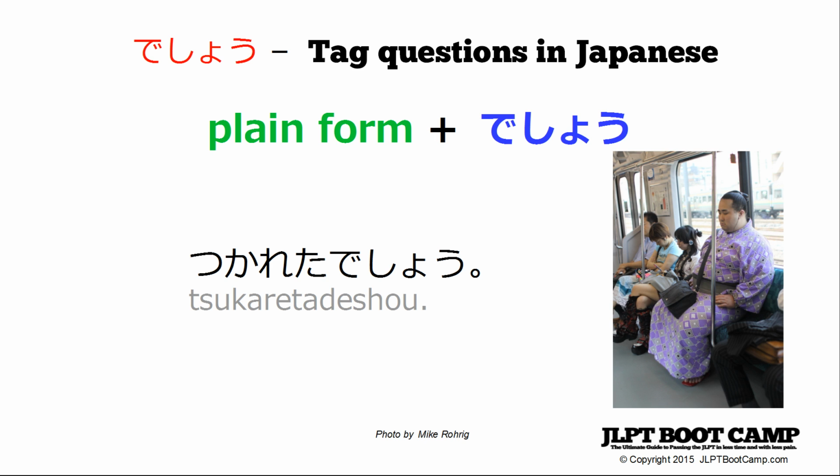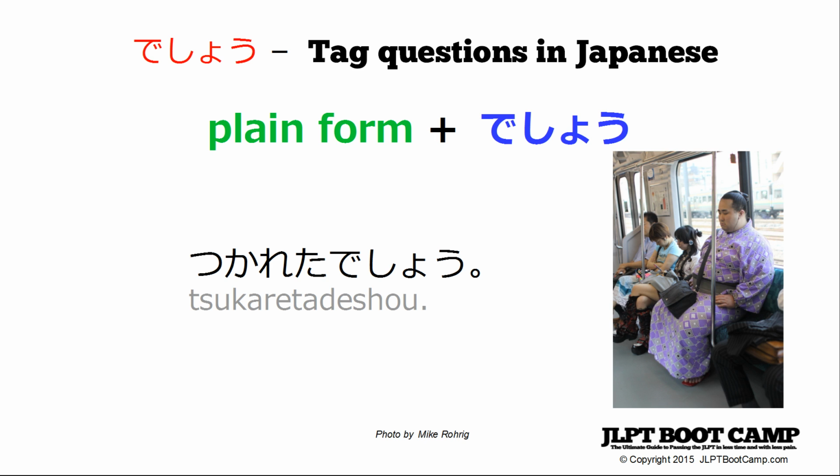Whereas deshou is a little bit softer, a little bit more polite. There really isn't a clear difference between ne and deshou. I feel, and just asking around, there isn't a very clear difference between those two. But my gut feeling is that ne is more like, wow, yeah, you're really tired, huh?